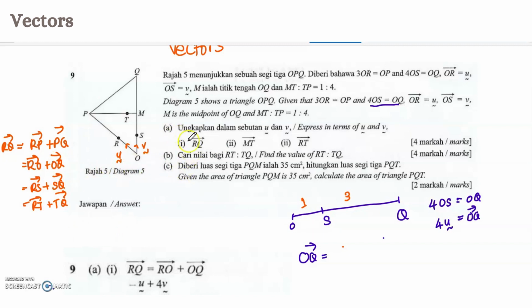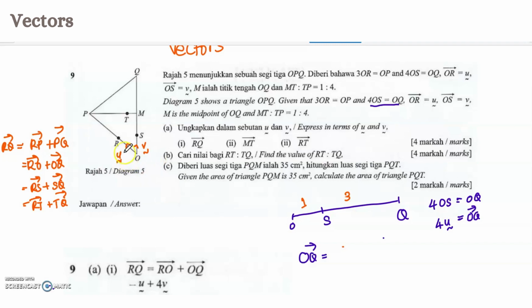For example, to find the vector RQ, you can use the route RP plus PQ, or RO plus OQ, or RS plus SQ, or RT plus TQ. It doesn't matter as long as we start at R and end at Q, but we choose the simplest route with the given or calculated routes.